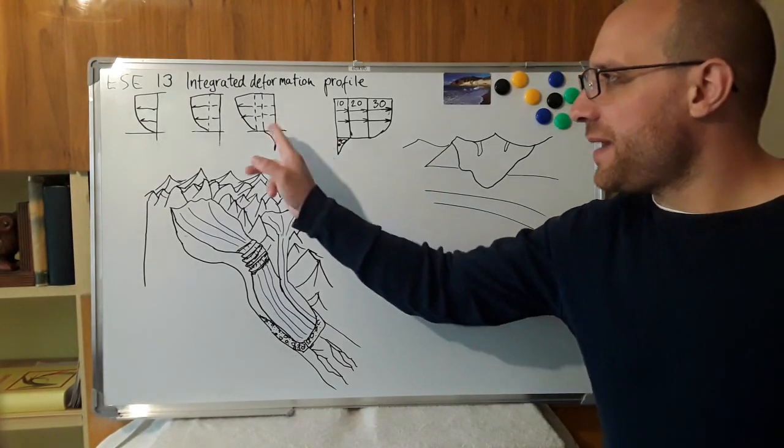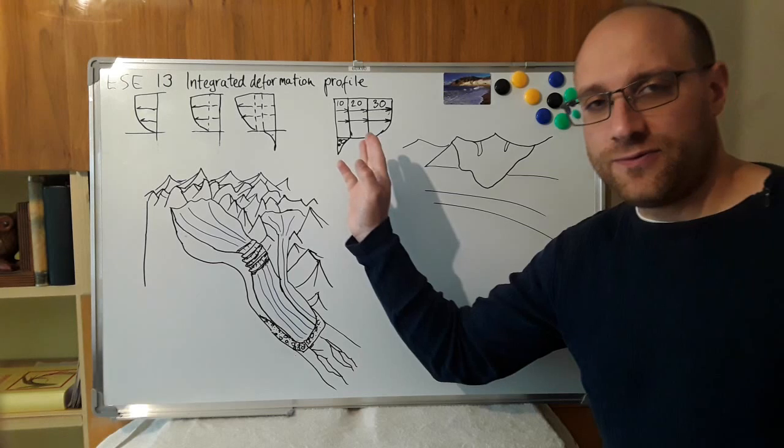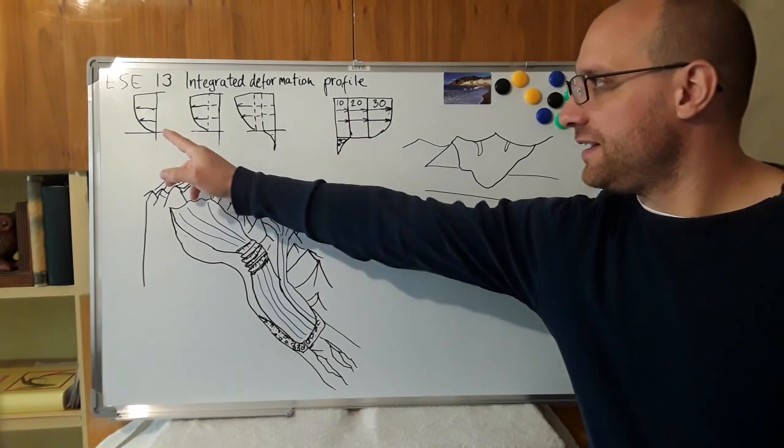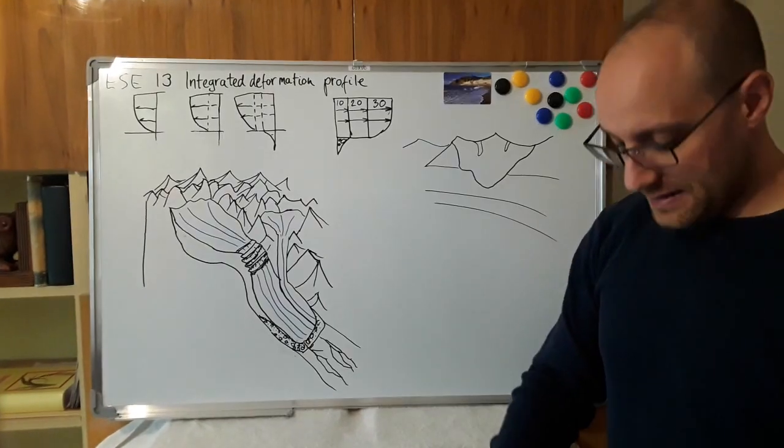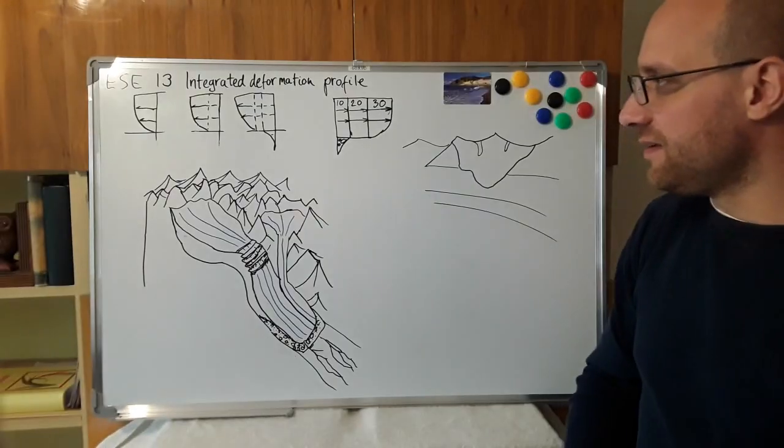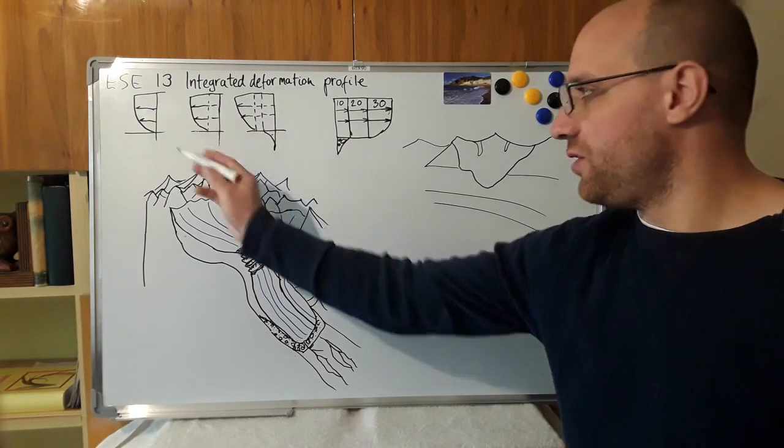But I want to get back a little bit to the deformation profile, which is integrated. We said that there will be different forms of motion, and then I just label these and put here what this will be about.